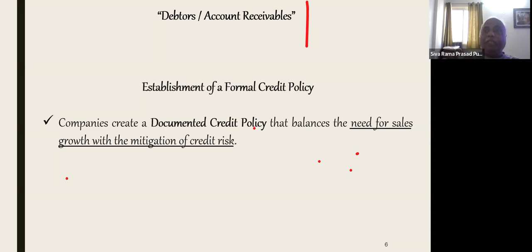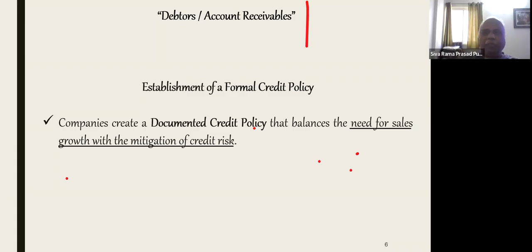For that, every company has a credit policy. Whenever they are selling the goods on credit, they have to follow the credit policy. The credit policy will be finalized by the board of directors. The credit policy designed by the company is approved by the board of directors.